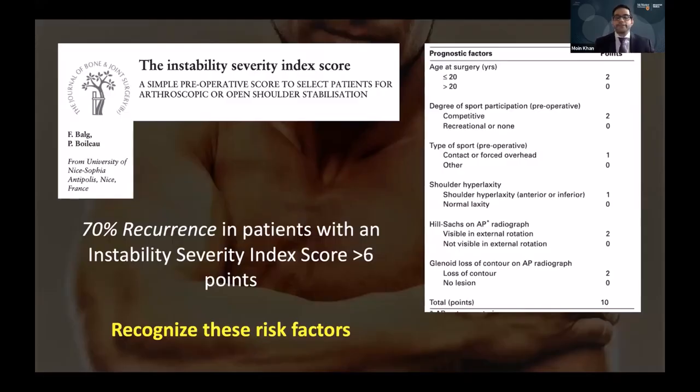The things identified in this paper were age, younger being worse, competitive sports, shoulder hyperlaxity, and glenoid or humeral bone loss. Really, you just need a glenoid lesion and a humeral lesion in a patient that is under 20, and you're already looking at a 70% risk of recurrent instability. So it is very important when you're seeing these patients in clinic to recognize these risk factors.